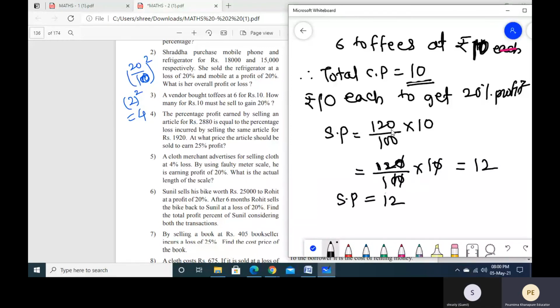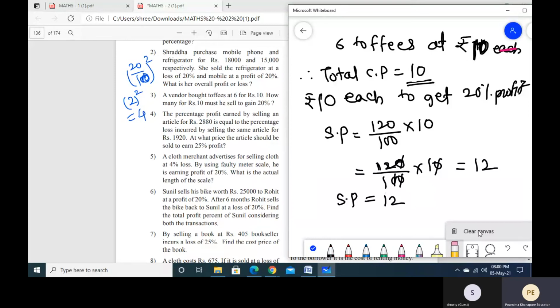That is what they are saying. And how many for rupees 10 must he sell to gain 20%? So 10 ka 20% is basically 12. Yes, he should gain 12 rupees by selling all of this. So in rupees 10, how many should he sell? Okay.